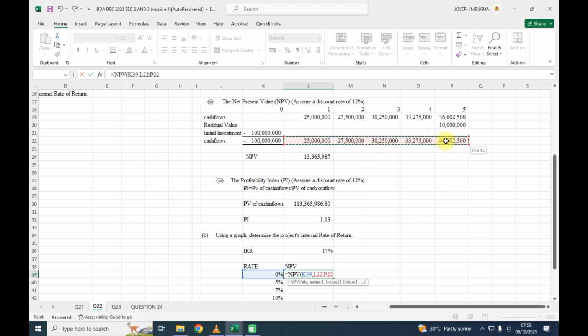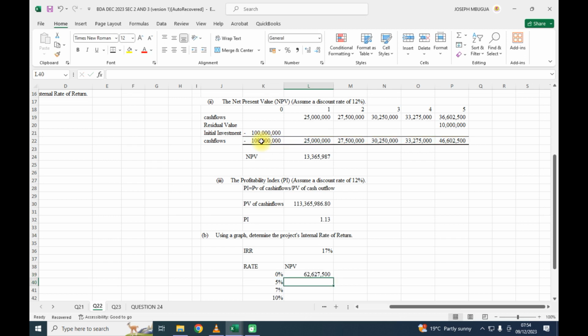I will fully lock those ranges. I close the bracket and I add the initial, and again the initial I will fully lock it. The only thing that will be changing here is the rate.